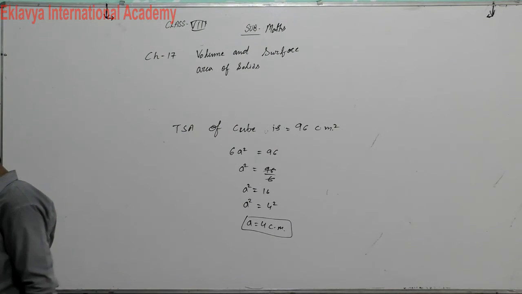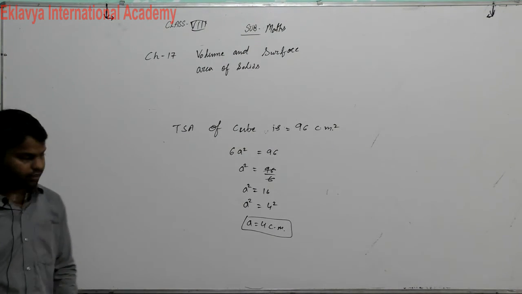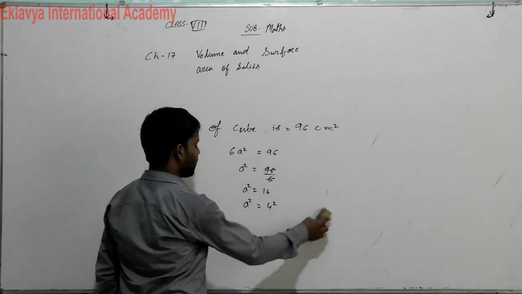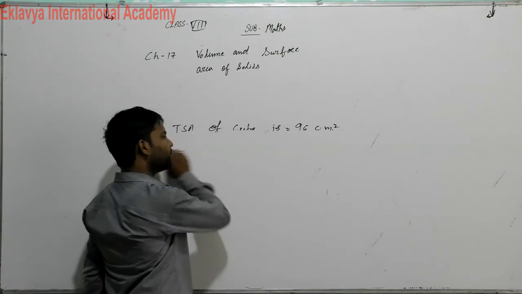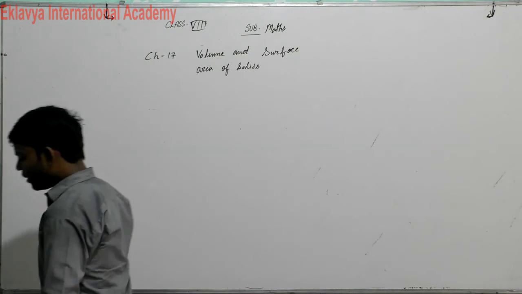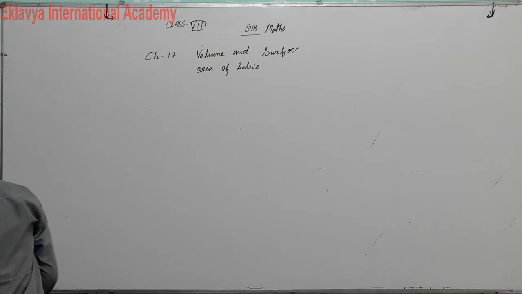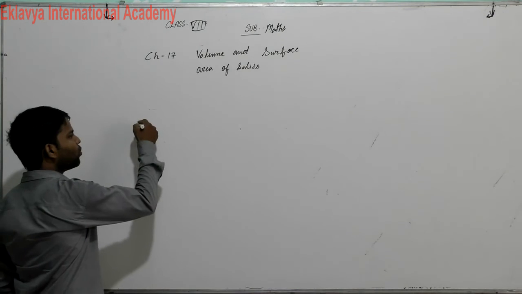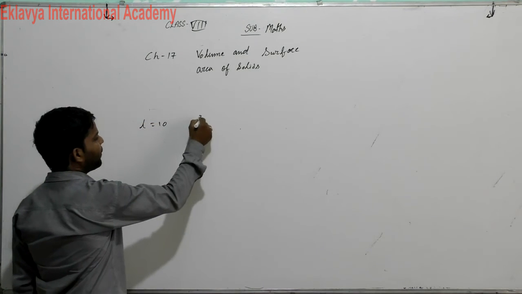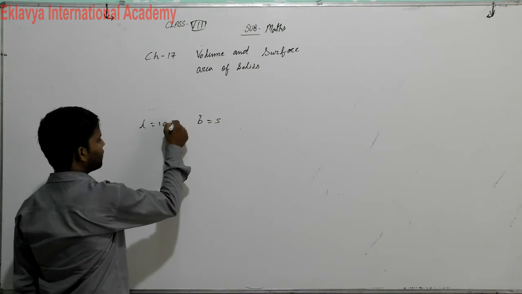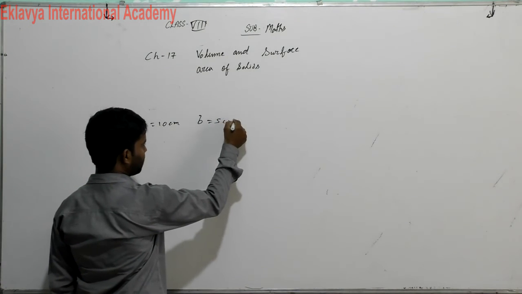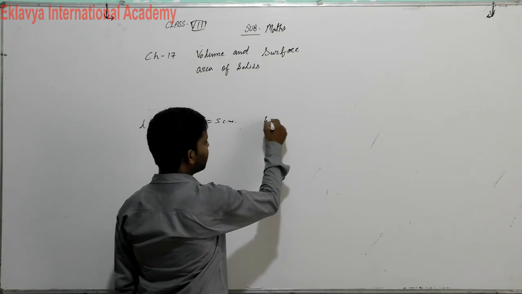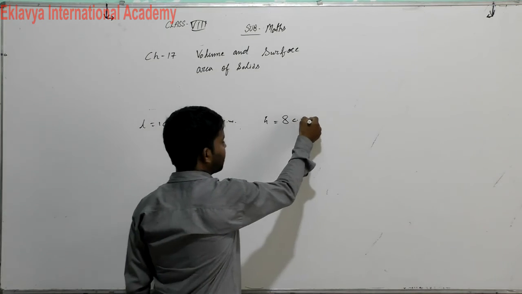Now next question. Let us assume we want to make a box in the shape of cuboid whose length is 10, breadth is 5 and height is 8 centimeter.